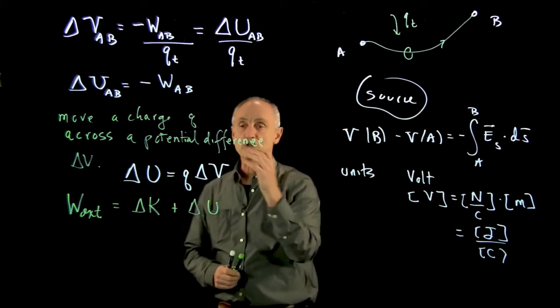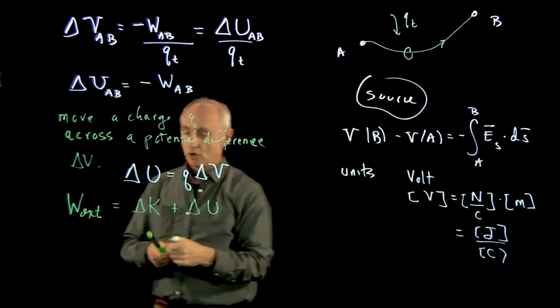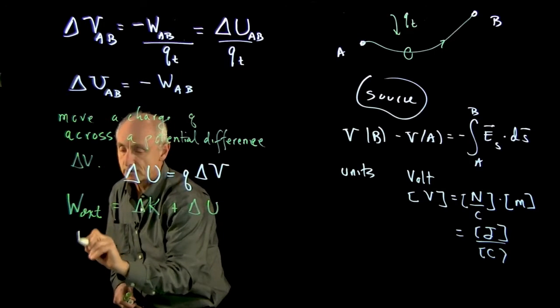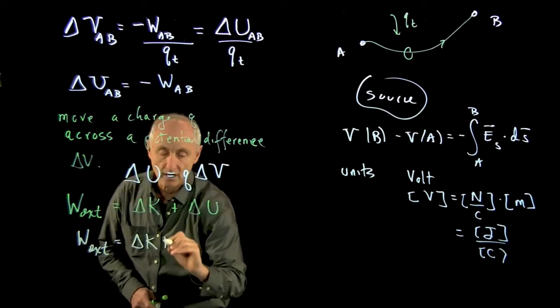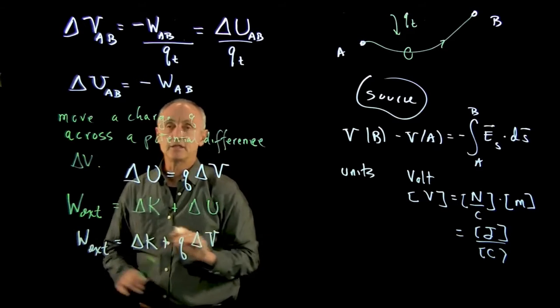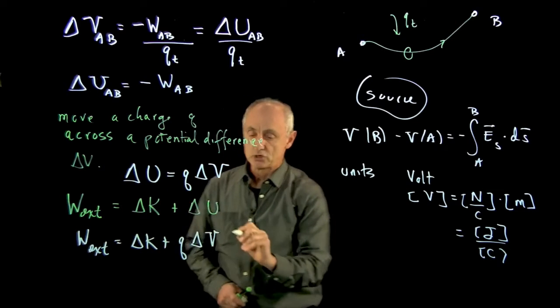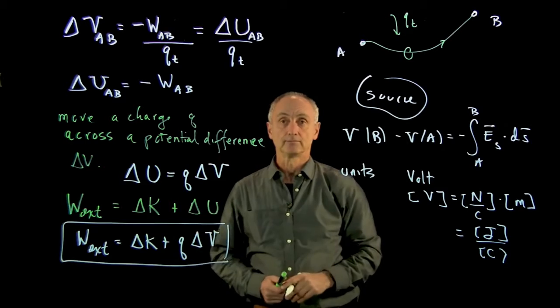And now, if we're talking about potential energy coming from electrostatic interaction, we now can sum up the energy principle by saying external work causes delta K plus Q delta V. And this is something that becomes a major calculation tool that we'll look at some examples for.